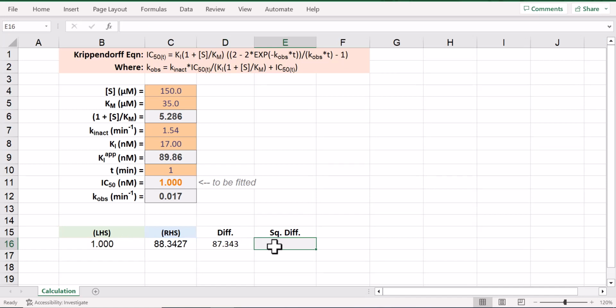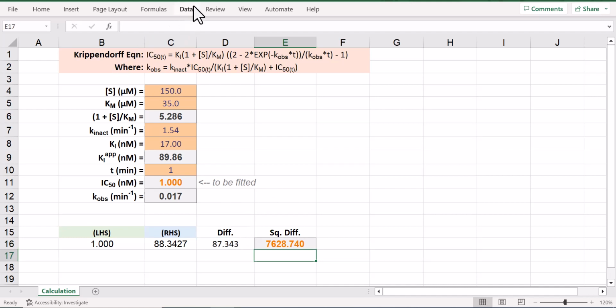And let's square the difference to amplify it and to get rid of any possible negative signs. So equals D16 to the power of 2. And now we're ready for solving.